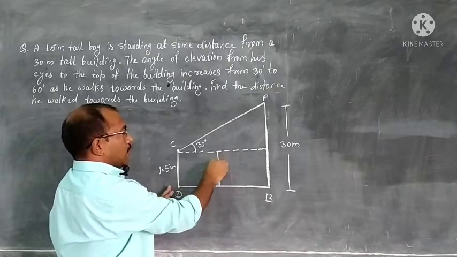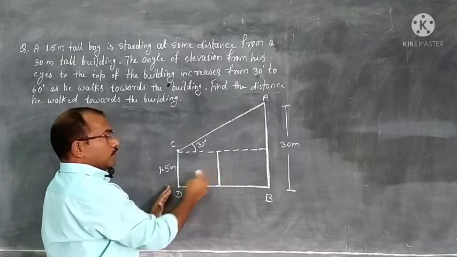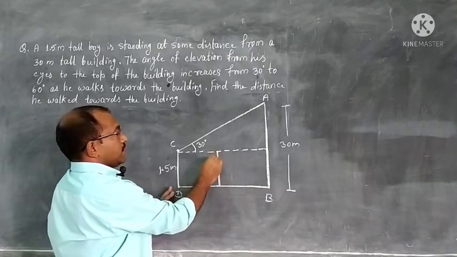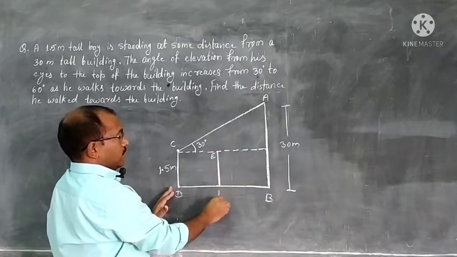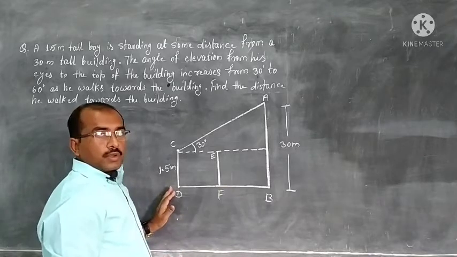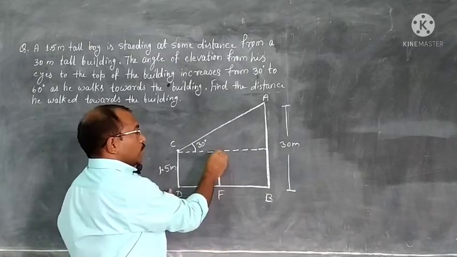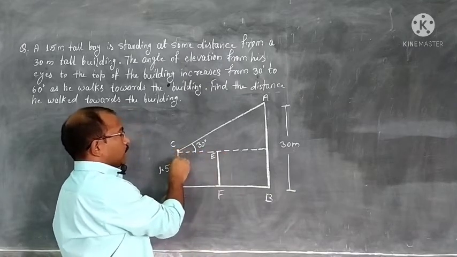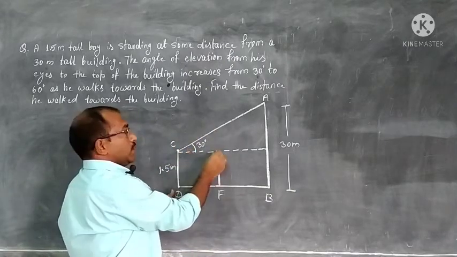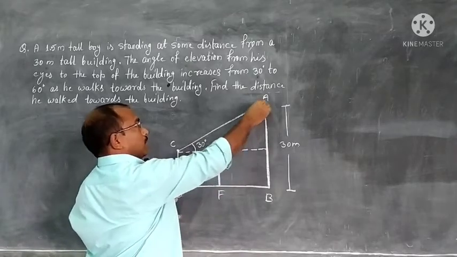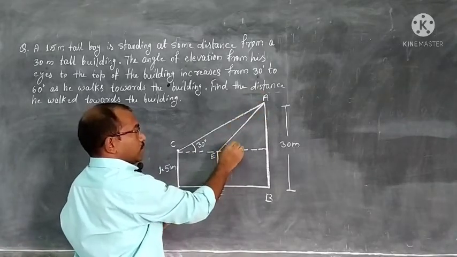This is also the height of the boy, the same boy moving towards the building. Let us call this EF. Any name for this point, we can choose any. Now, the boy is here. When he was looking the first time, the angle was 30 degrees. Now, looking at the top of the building, the angle increases to 60 degrees.